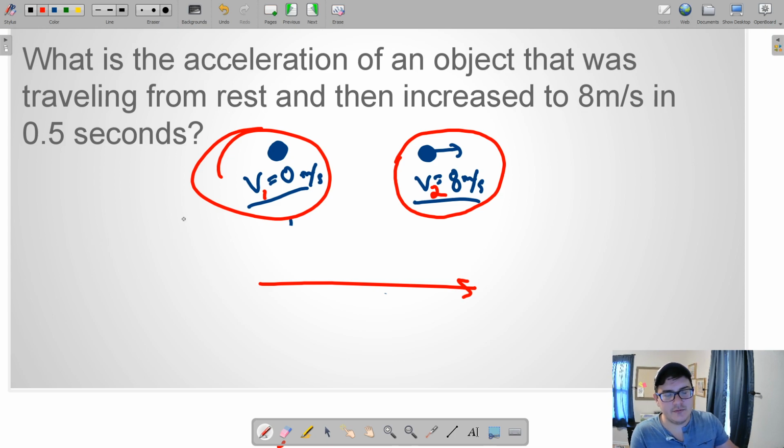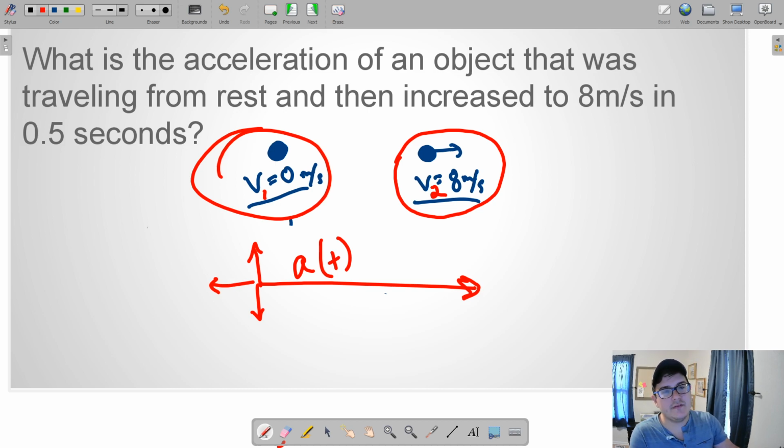Speeding up to the right. Well, that means the acceleration is positive, because as time goes on, it is accelerating in the positive direction. So acceleration can be positive to the right or up, and negative to the down or left.